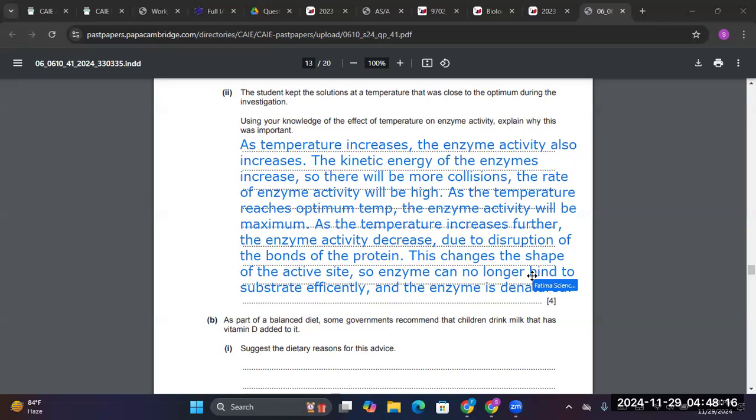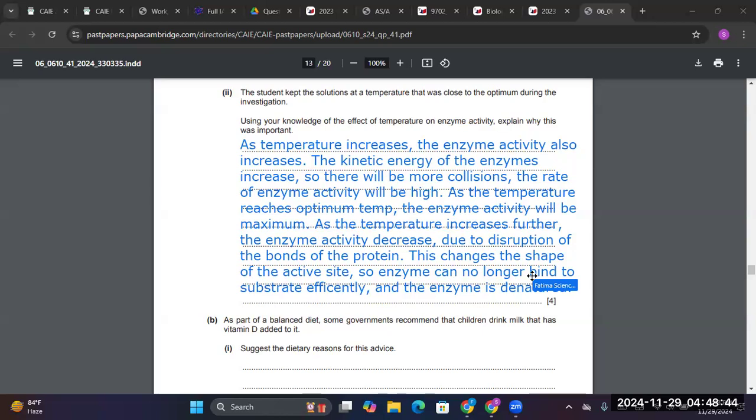Before the optimum temperature, as the temperature increases, the kinetic energy will increase, so more collisions between the enzymes and the substrate. So the rate of activity will be high. Then the temperature will reach the optimum temperature, at which we will see maximum activity. As the temperature increases further, the enzyme activity will decrease.